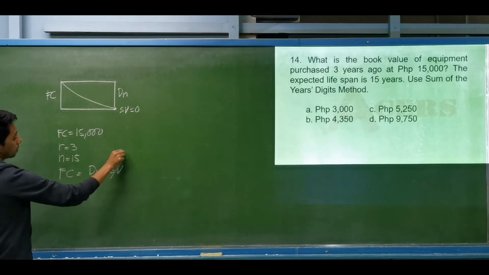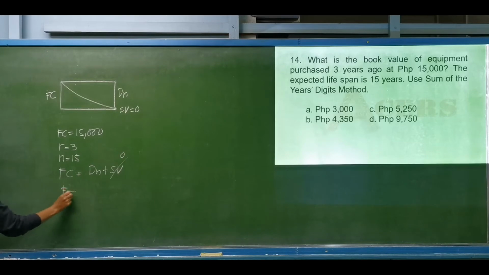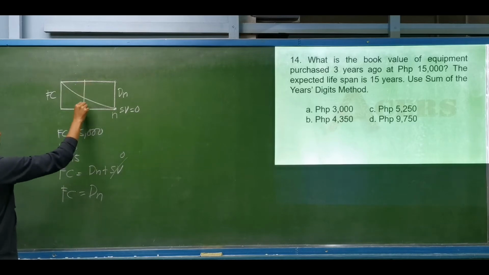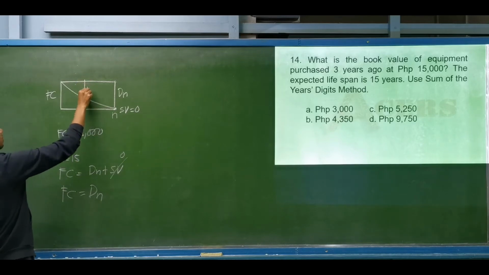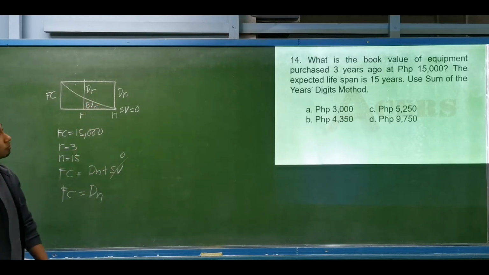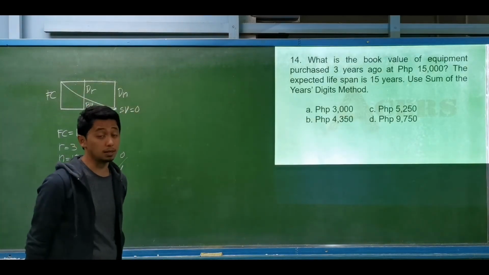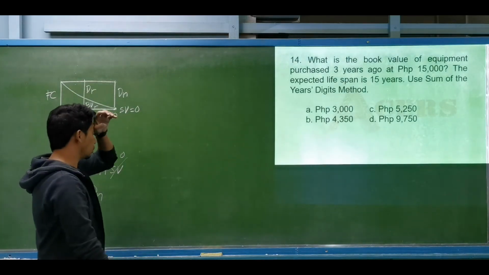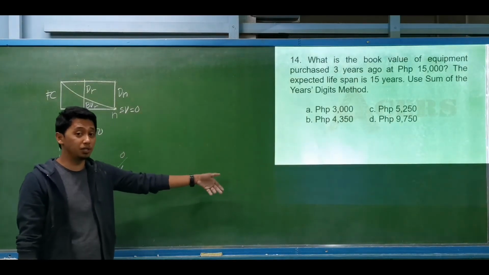But if the salvage value is 0, that makes the first cost simply equal to the total depreciation at n. So we are looking for the book value after 3 years. So we need to determine the depreciation per year again.